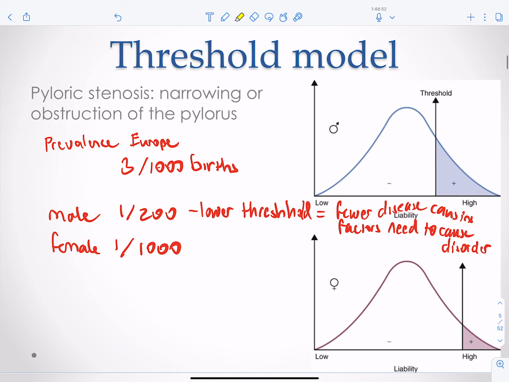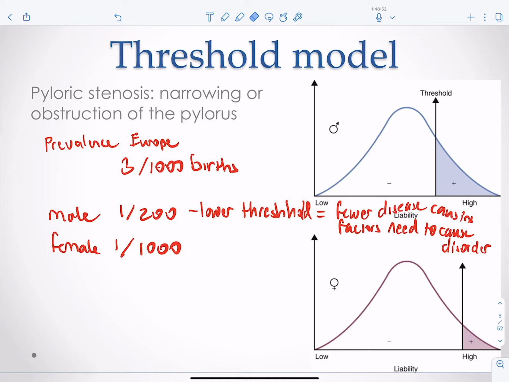An example of the threshold model is pyloric stenosis, the narrowing of the pylorus, which empties from your stomach into your intestine. There is a prevalence in Europe of 3 out of every 1,000 births. It can be corrected with surgery.